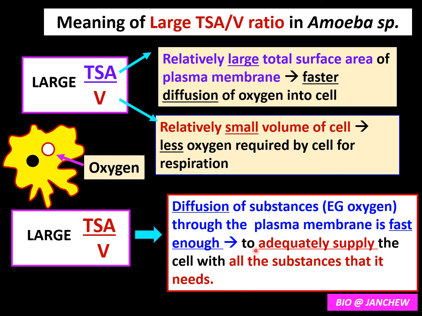Okay, so diffusion of substances through the plasma membrane will be fast enough to supply the cell with all the substances that it needs, and also to excrete the waste products like carbon dioxide fast enough from its cytoplasm through the plasma membrane, so that these substances like carbon dioxide will not accumulate in the cell.